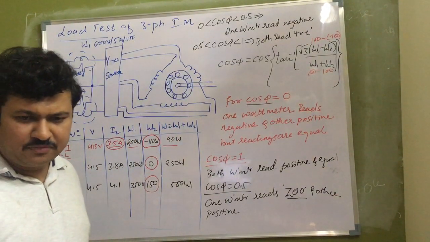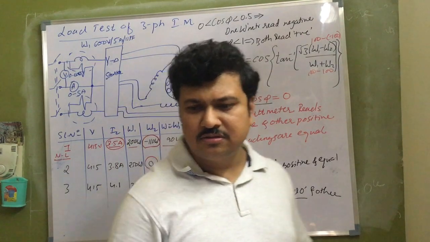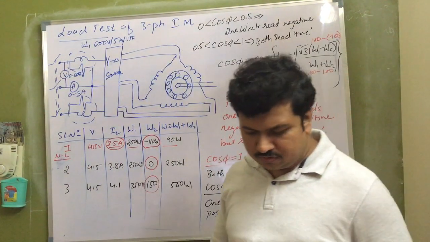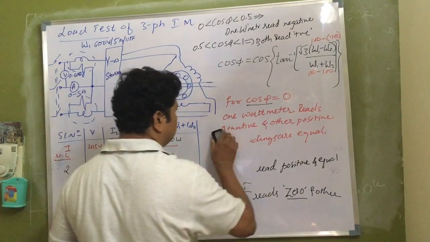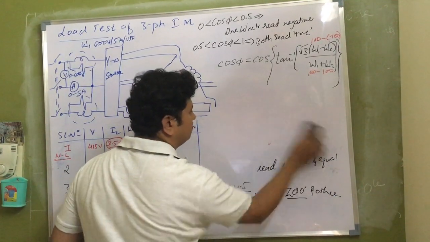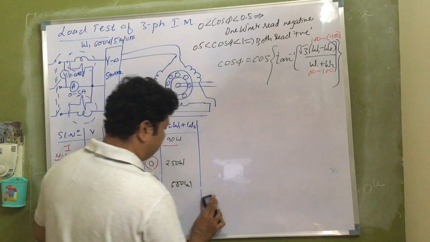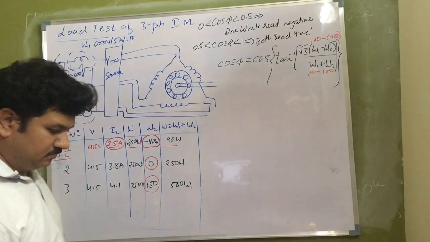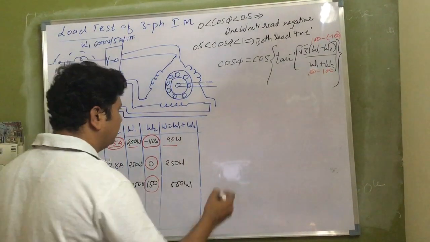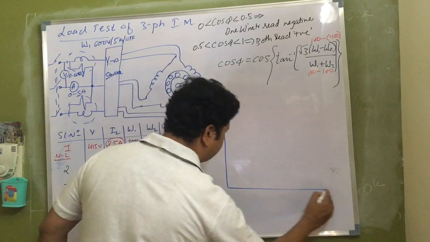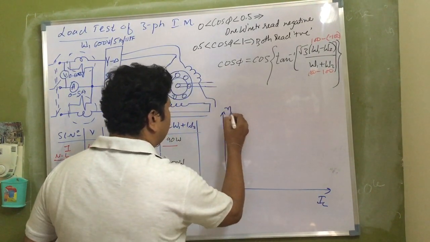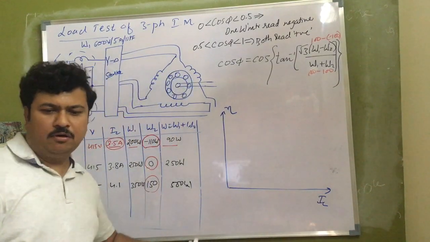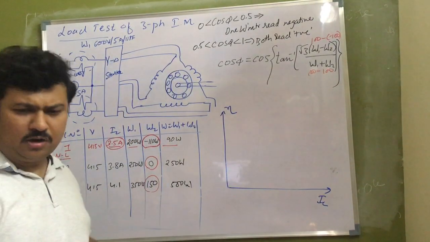You can observe the efficiency varies to a certain extent. The efficiency goes on increasing. You can take IL, or P out, or P out in BHP, whatever.